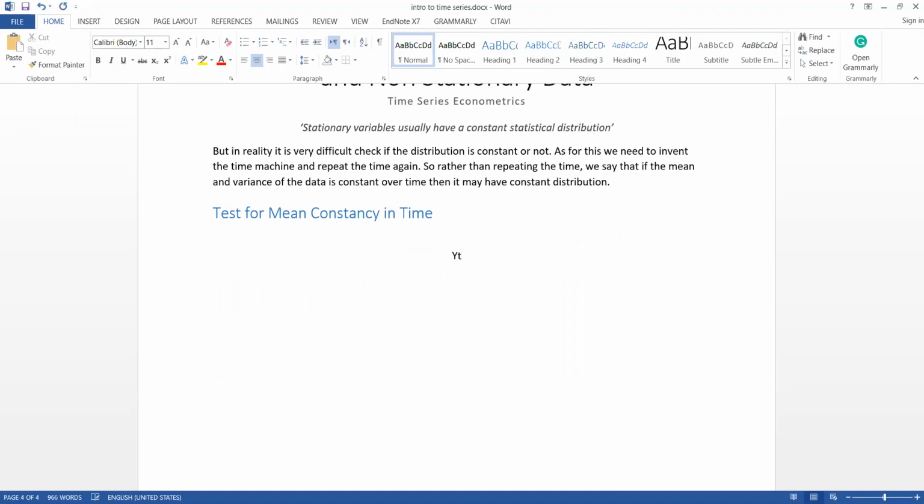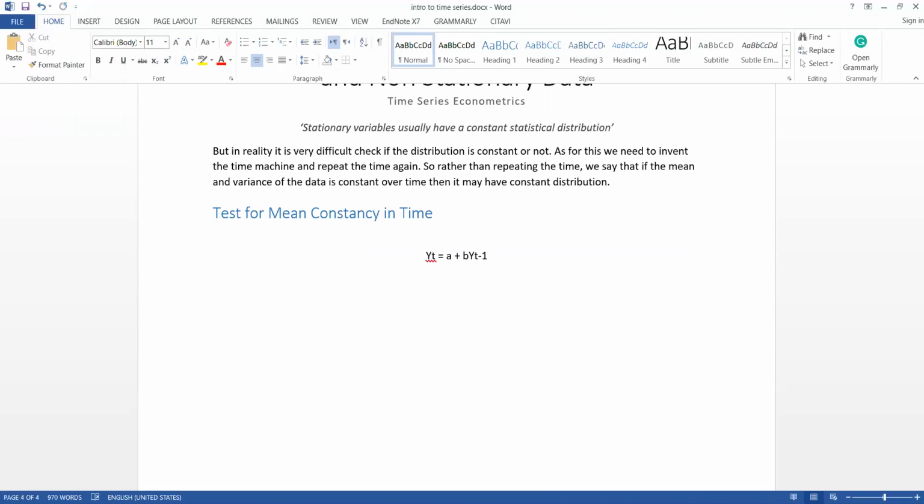Suppose y t is the present variable, and y t is equal to a plus b into y t minus 1. So let's run this equation.